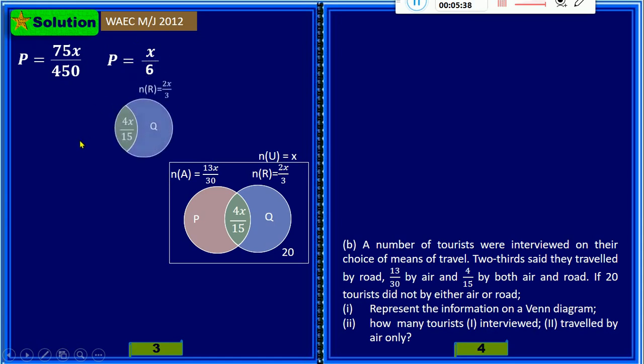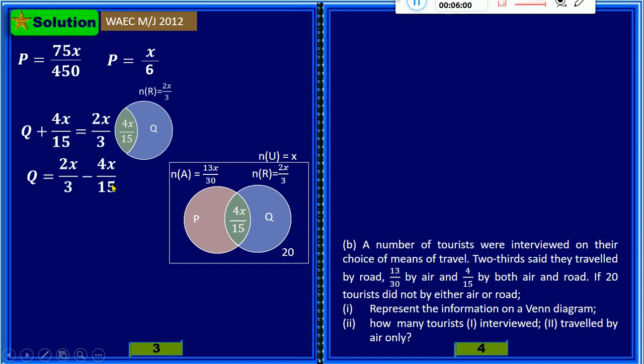Then we'll move to the next circle, those that travel by road. Adding everything inside this circle will be equal to 2x over 3. So adding this and this will give us 2x over 3. Simplifying that, we have Q equals 2x over 3 minus 4x over 15.